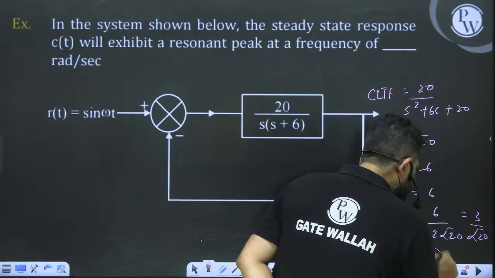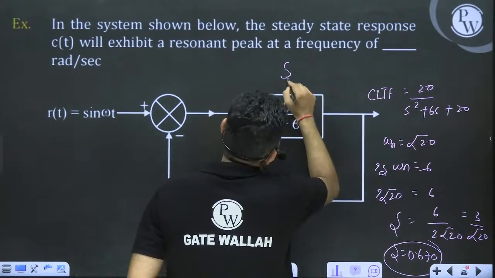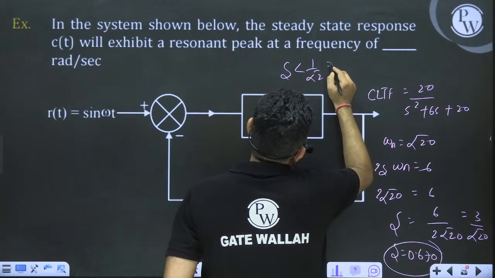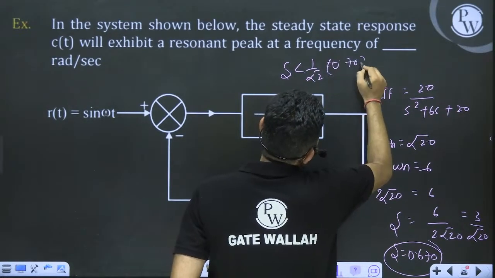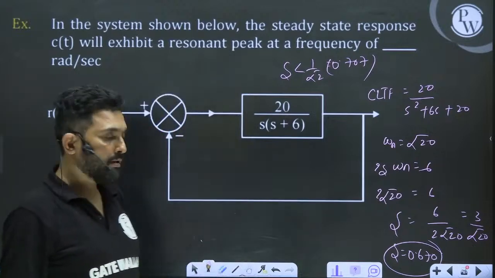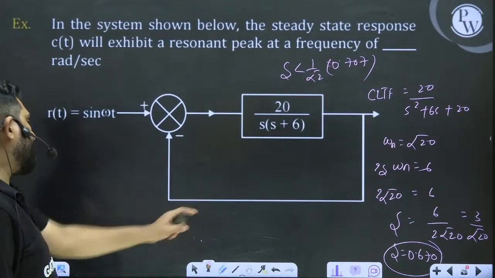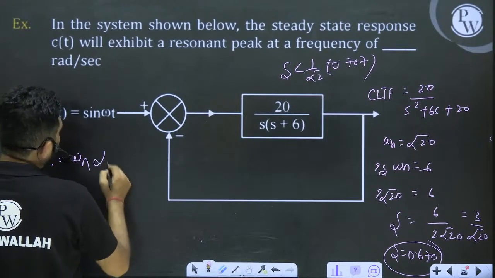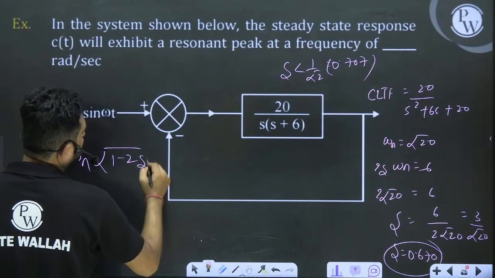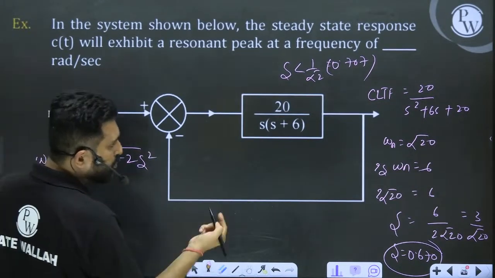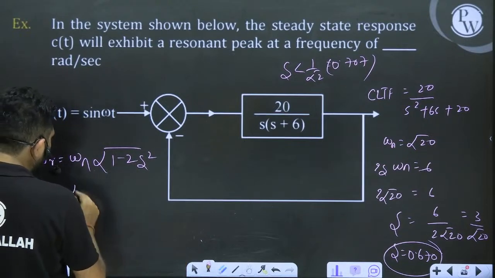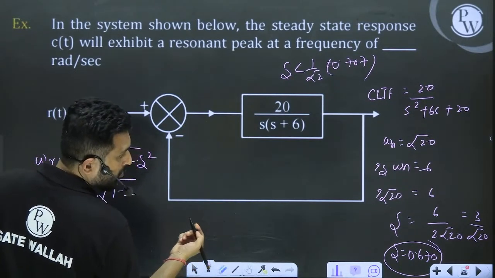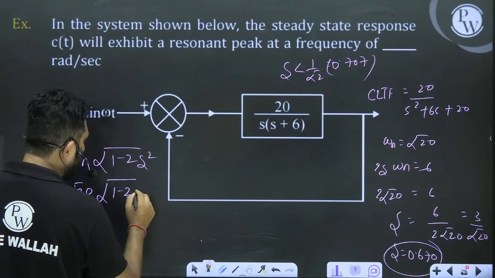0.670. This means that since zeta is less than 1 by root 2, which is 0.707, resonant peaks occur. So tell me, what is omega r? Omega r comes out to be omega n root of 1 minus 2 zeta square. Omega n is root 20. So root 20 into root of 1 minus 2 into 0.670 whole square.